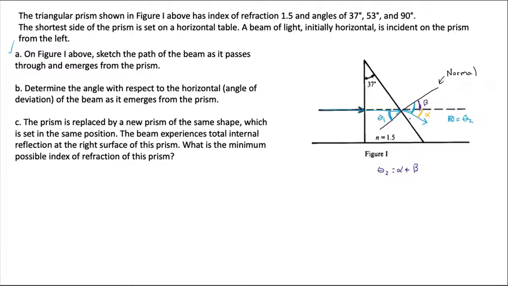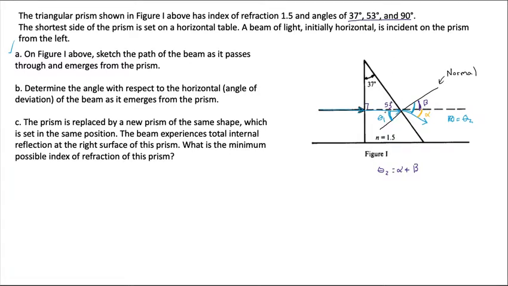Now we need to figure out what some of these angles are. And now here's the nice thing. We can figure out what theta 1 is, because if this guy up here is 37, this is a right angle. That means this angle right here is 53 degrees. They tell us that up here.